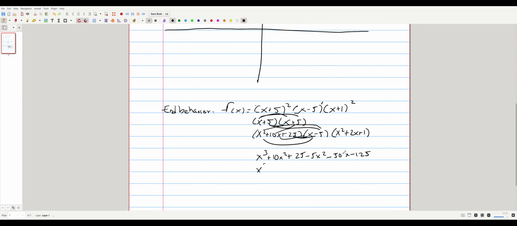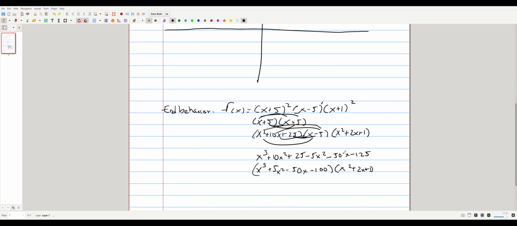And so that's going to give us x cubed plus 5x squared minus 25x minus 125. Okay, and then we still have the x squared plus 2x plus 1.